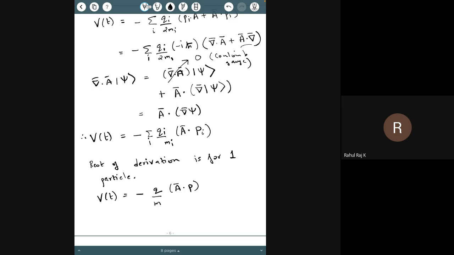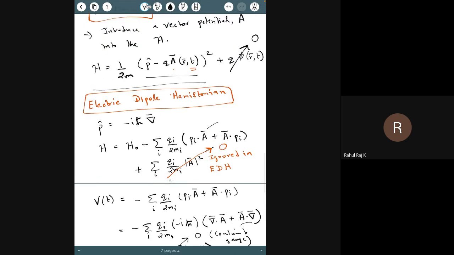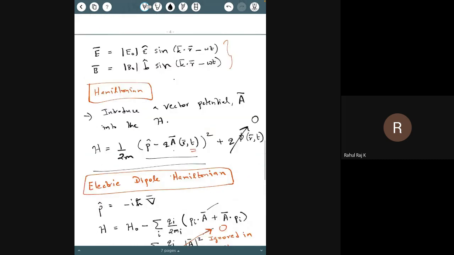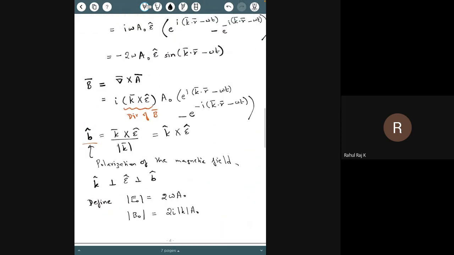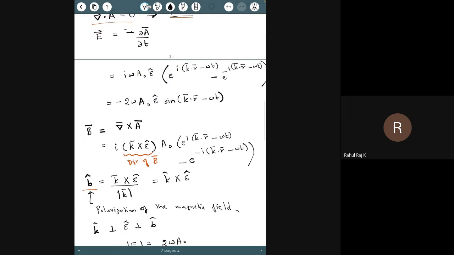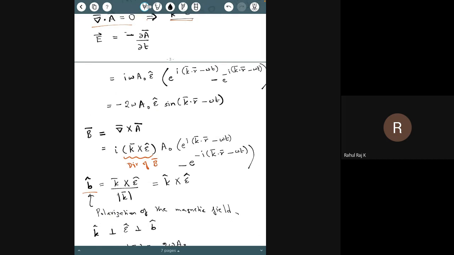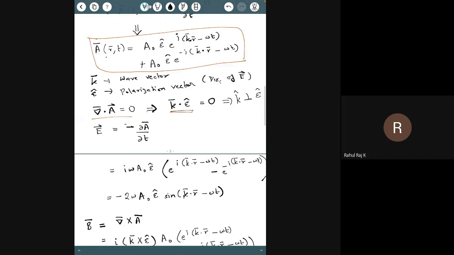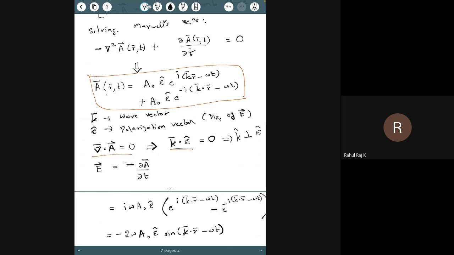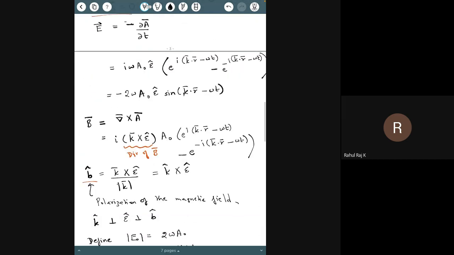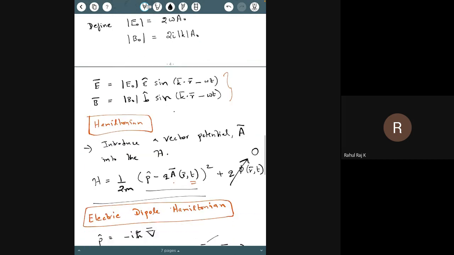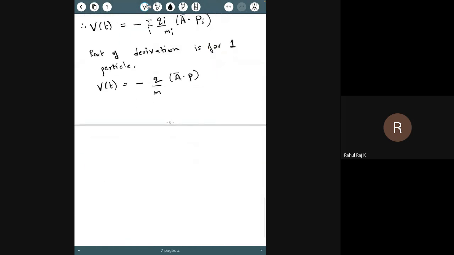So now let's go back to what we had found A to be. So A was basically this one, right? So I can write A0 epsilon and then e to the power i into k dot r minus omega t.